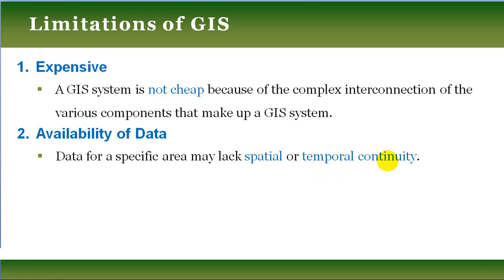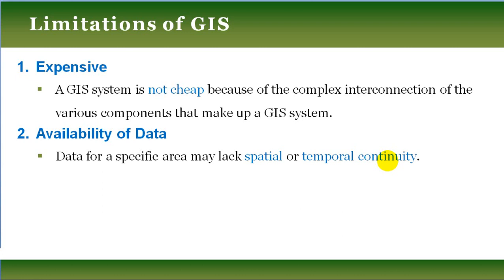For example, if you want to prepare a GIS for the Kolkata Municipal Corporation area, you need a lot of data. For example, I need the data for roads, for transportation purposes. I need all the water bodies, whatever is there.